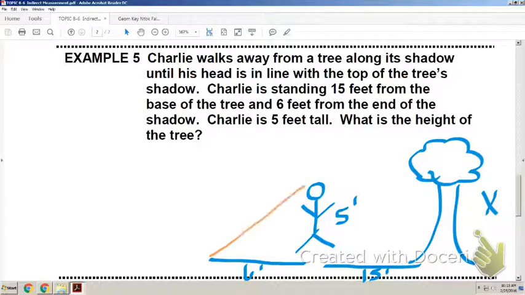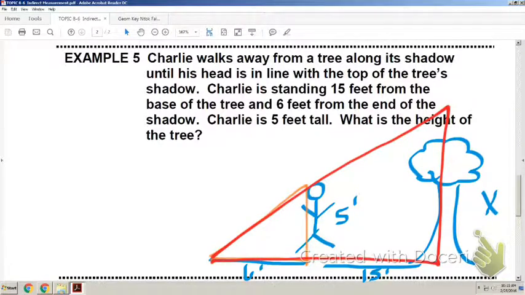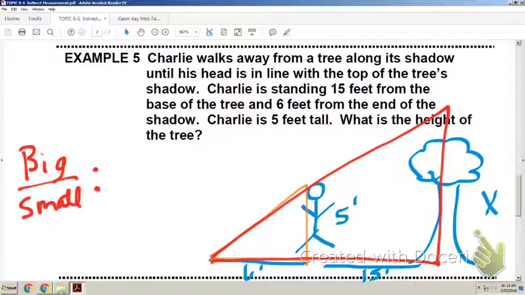So my two triangles, I've got a small triangle here, and I've got the larger triangle that makes up the tree here. So again, I'm going to do big to small. So I'm going to use X first. That's on my bigger triangle, the height of the tree, over its corresponding side, which is the height of Charlie, so 5, equals the big triangle, the whole length of the shadow.